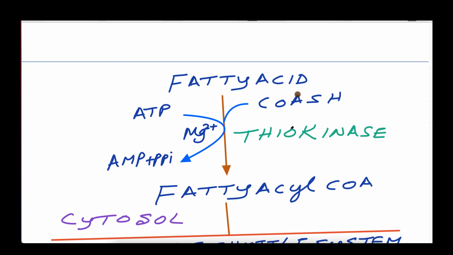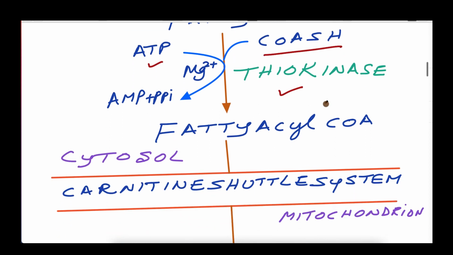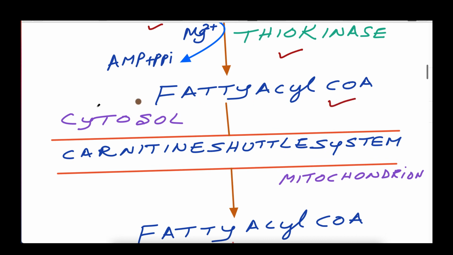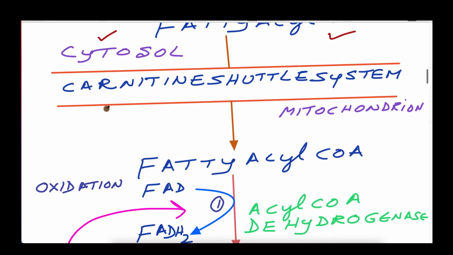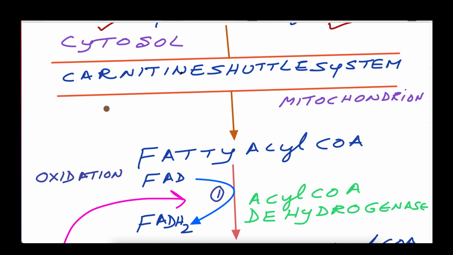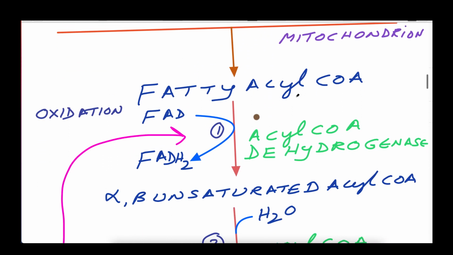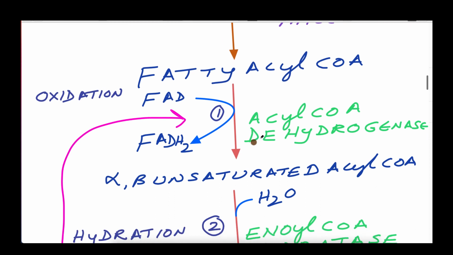The palmitic acid is activated by the action of thiokinase in the presence of ATP, converting into pyrophosphate; coenzyme A is present, leading to fatty acyl coenzyme A. It takes place in the cytosol. It enters the mitochondria through the carnitine shuttle system. The fatty acyl coenzyme A undergoes 4 reactions repeatedly.